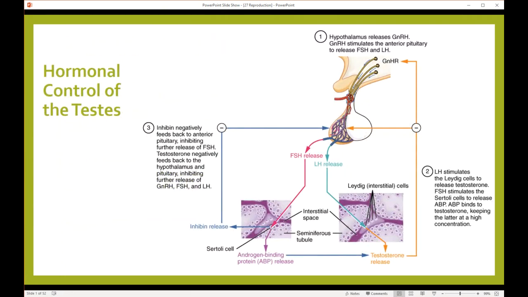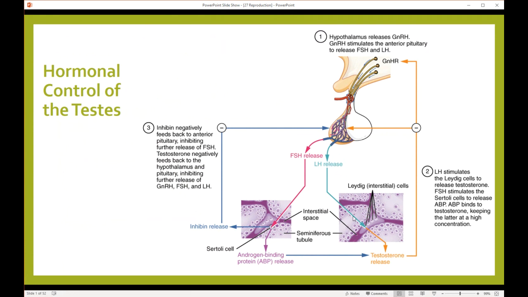This is some hormonal control of the testes here. The hypothalamus is going to release gonadotropin releasing hormone. This should be review from our endocrine system. So the gonadotropin releasing hormone is going to then stimulate the anterior pituitary to release FSH and LH. Here's that FSH and the LH release. Okay.